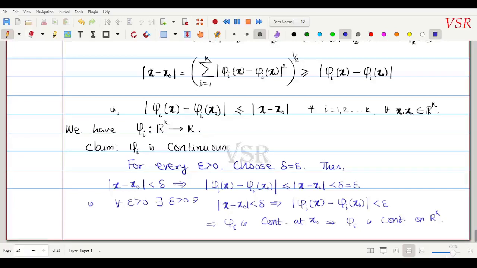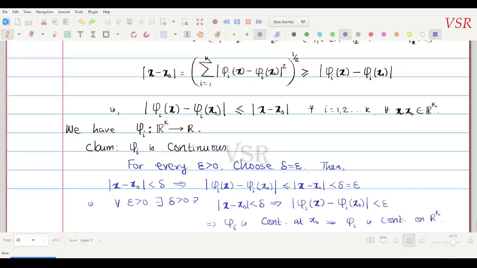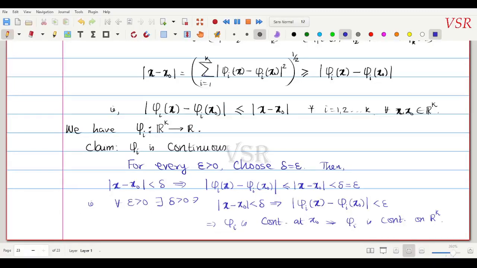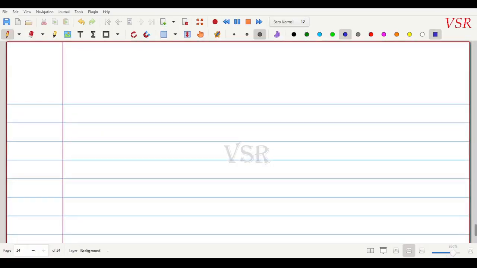Okay, now using this idea, we are going to show that a general polynomial in n variables is going to be continuous. How can we say this?